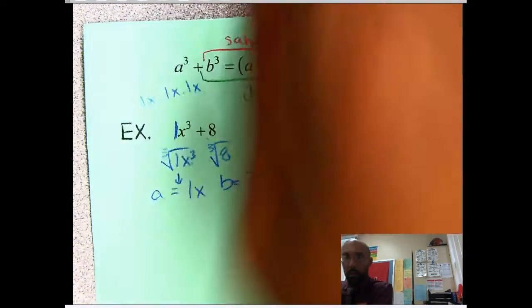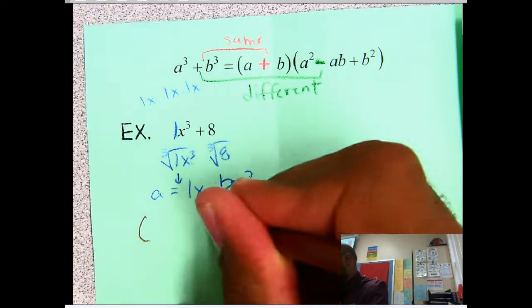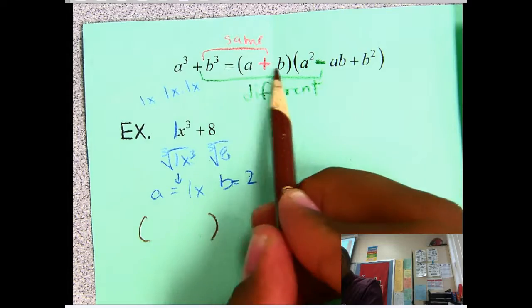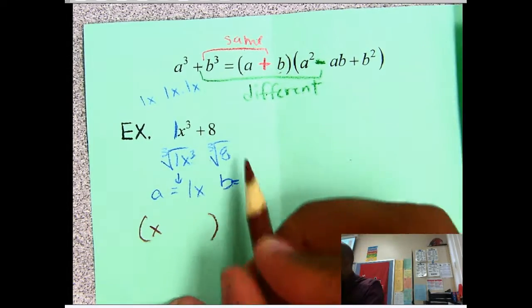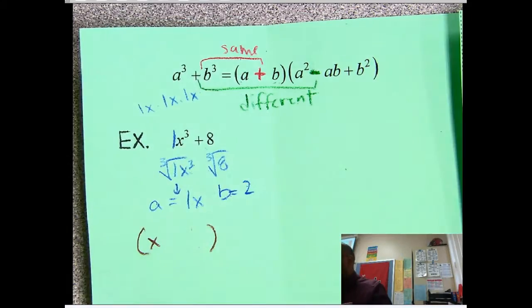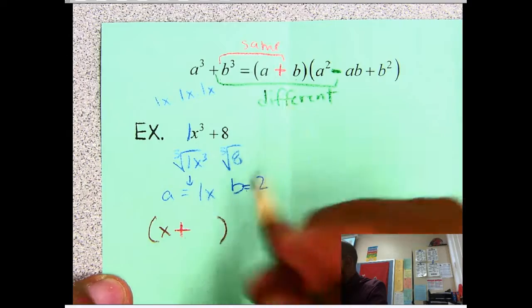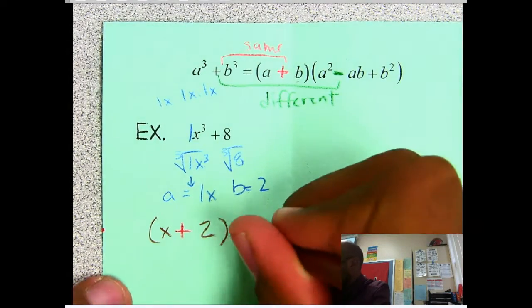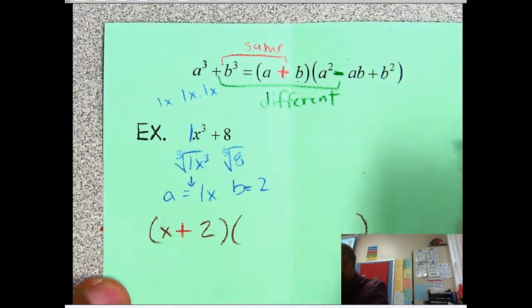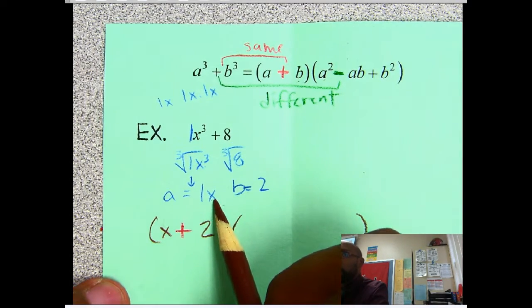Okay, so now we're going to work this out. The first thing is we have a plus b. Our a is 1x, or just x, then plus, the same plus, our b, which is 2. Times, it says a squared, so basically x squared.